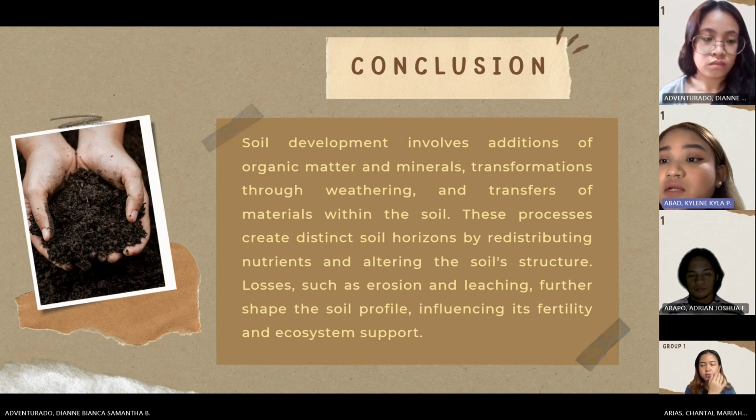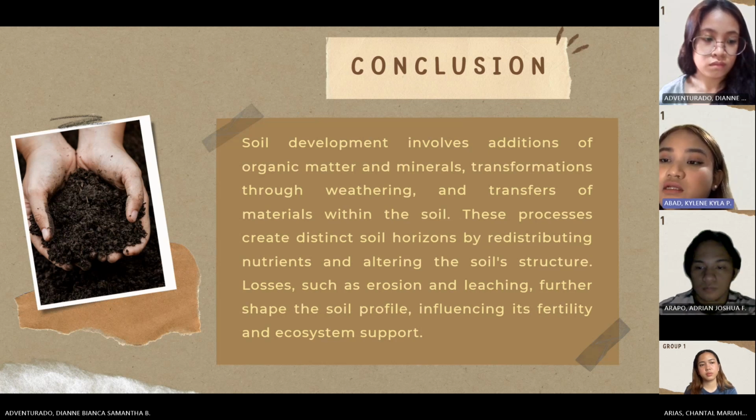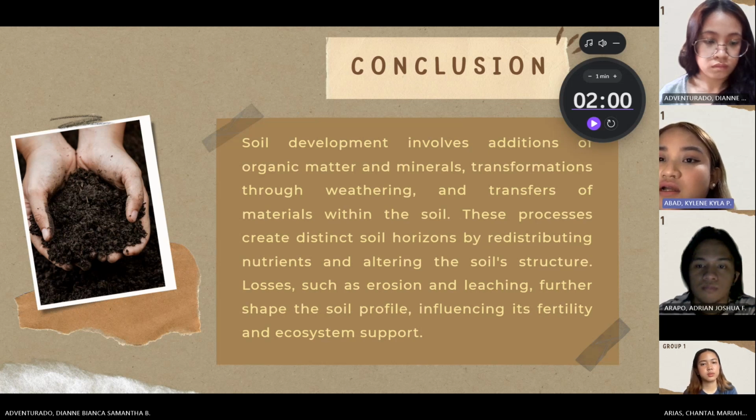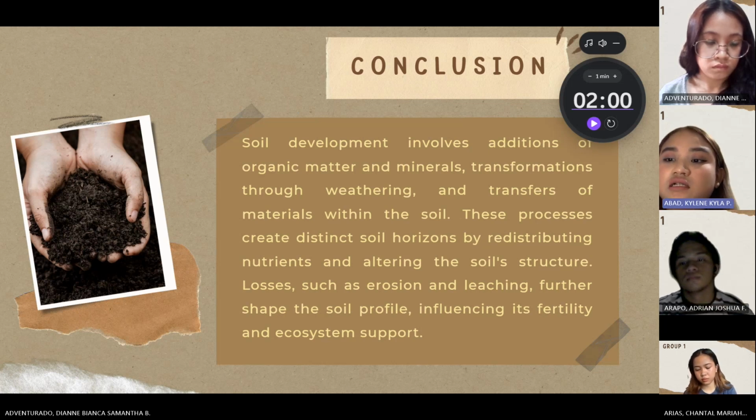Meanwhile, chemical weathering, as mentioned earlier also, involves reactions such as oxidation, hydrolysis, and carbonation, which transform primary minerals into secondary minerals, forming clay particles and releasing nutrients. These transformations are important for creating soil horizons, distinct layers within the soil profile with varying compositions and textures.